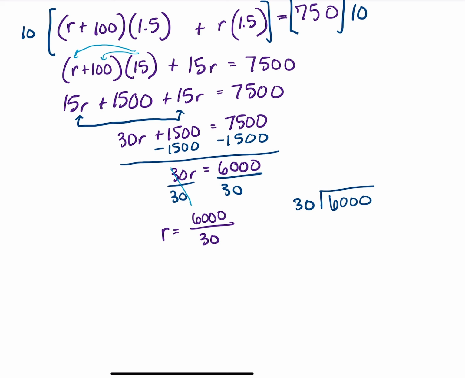So 30 doesn't go into 6, but 30 goes into 60 2 times, because 30 times 2 is 60. And then we have these 2 extra zeros, so that should add 2 zeros here.